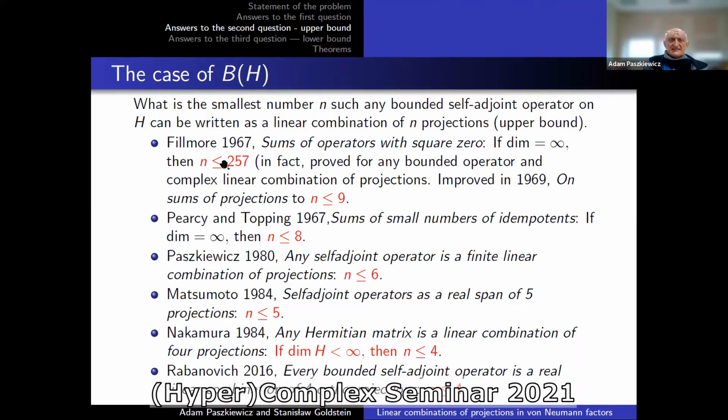Its theory started in 1937, and now after the work of Rabanovich from 2016, we know that the crucial number is 4, namely any self-adjoint operator can be represented as a linear combination of 4 projections.